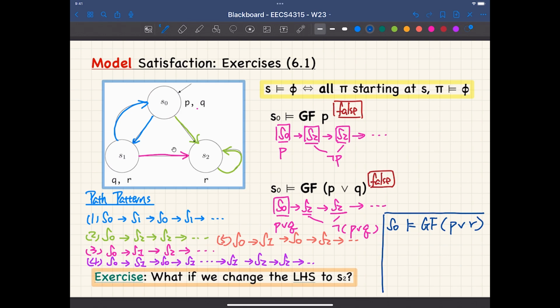You don't even need to argue about the different patterns because every state over here satisfies P or R. Agree? Okay. If I happen to give you a question like this, just answer. You just say every state involved in all the paths, they simply satisfy P or R. Okay? This one here is simply just true.